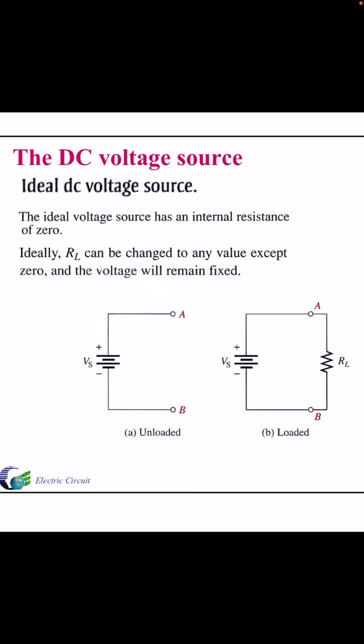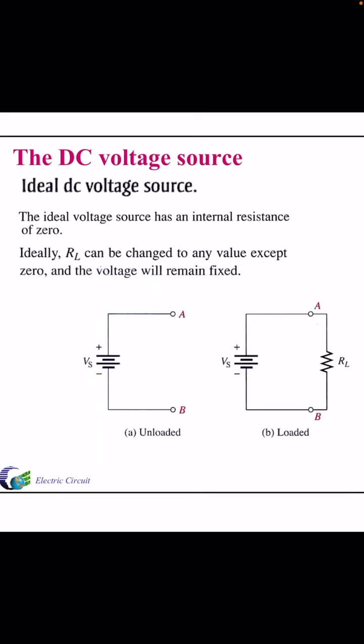And AC voltage or current is what you are getting in your home, and for that purpose we need to have a power supply which is based on the use of diodes and transistors, which we'll discuss later in our lecture series. So today we are going to discuss the DC voltage source and also the current source.